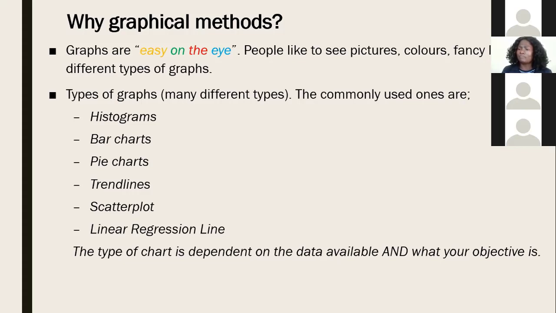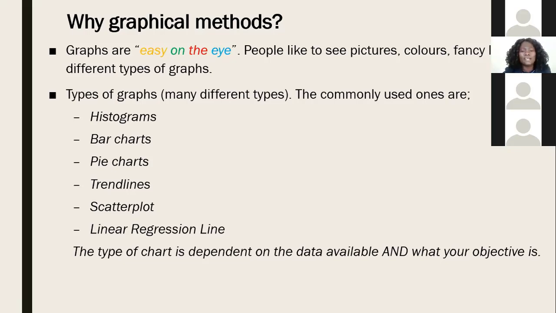So we've got different types of graphs. There are so many, but today we're going to look at the histogram. We'll also look at the bar charts. There are different types of bar charts that we shall be developing together on Excel. Also, there are pie charts, also trend line. I mentioned earlier on what a trend line is, so we shall be developing it using Excel. Then there are also scatter plots and the linear regression line.